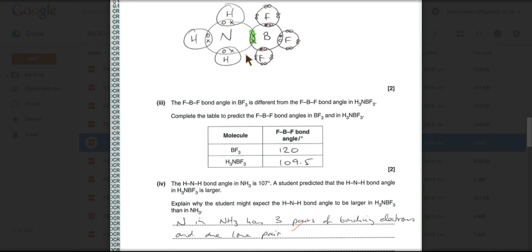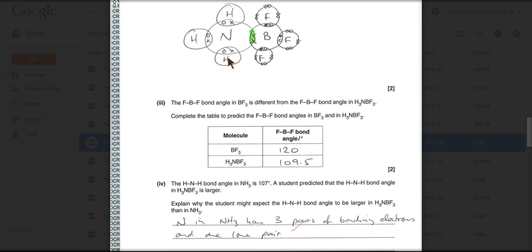So we've got 4 pairs of electrons. They all repel each other, but the lone pair repels a little bit more. And so the starting angle for 4 pairs is 109.5. That's reduced by the extra repulsion from the lone pair by about 2.5 degrees. And so it drops to 107.